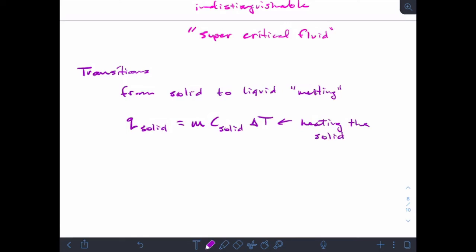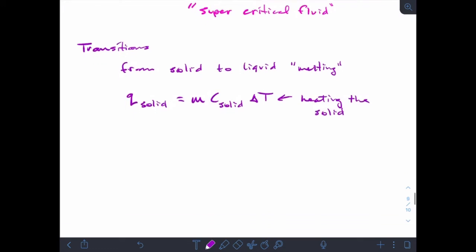Okay? Think about taking a piece of iron at room temperature, and what do you have to do to melt it? You have to heat it up. And if you heat it up far enough, it will eventually stop being a solid and become a liquid instead. Okay? But once you get to the place where the solid is going to melt, you have a different Q, Q of the transition. Okay?